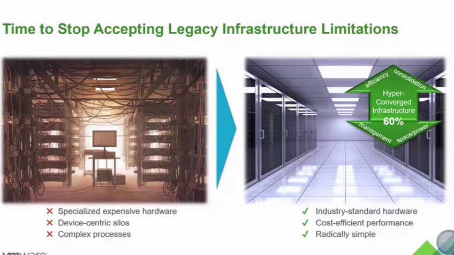So the promise of hyper-converged is as you move forward, we're moving into a 60%. And I love this slide because it's 60% up and 60% down. We're going to increase your efficiency. We're going to increase the consolidation rates. Because again, you're getting into x86 where you're combining all of your memory, you're combining your CPU, you're combining your storage.